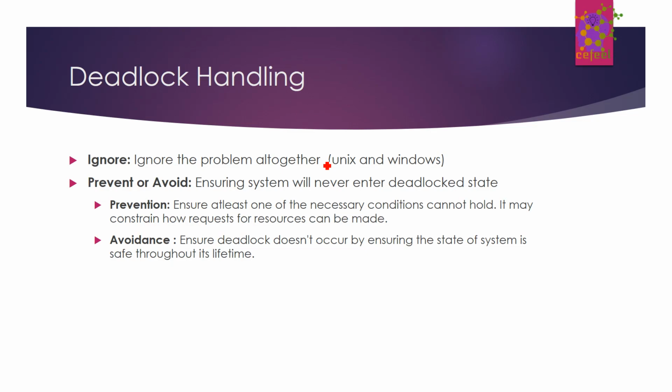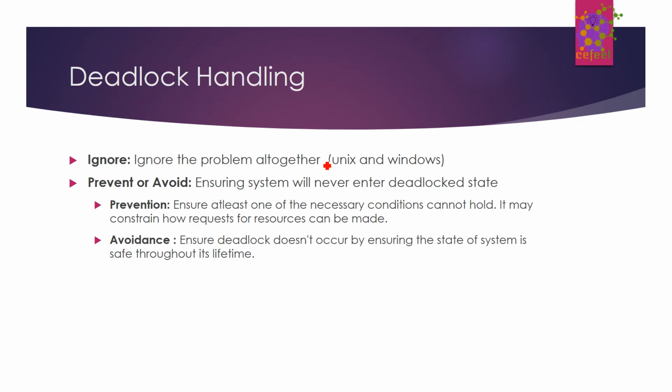The next technique is to prevent or avoid, which means we will always ensure the system is away from the deadlock state, or will never enter the deadlock state. In prevention, we ensure at least one of the necessary conditions is avoided. It might have implications on how we allocate resources or handle requests for resources.